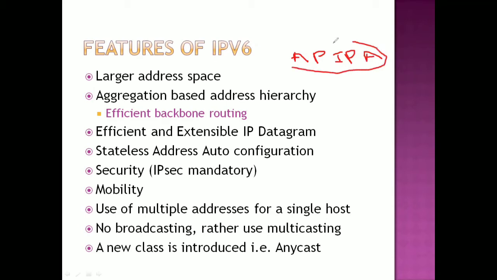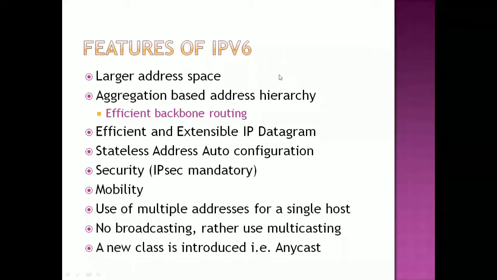So if in case of IPv4 you haven't statically assigned an address, or you haven't set up a DHCP server for the assignment of IPv4 addresses, then by using the APIPA range, which starts from 169.254, the PC can assign an IPv4 address to itself. But in case of the IPv6 address, you can ask the PC or the router to create its own IPv6 address using its own MAC address.